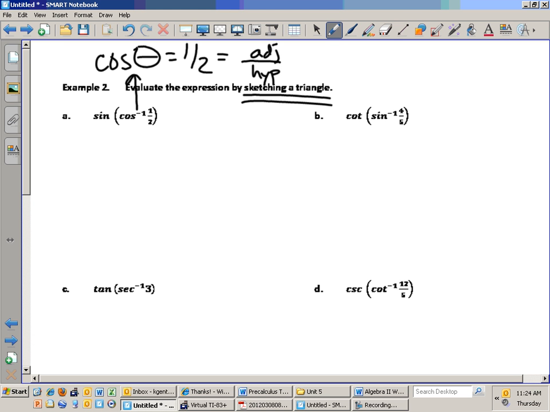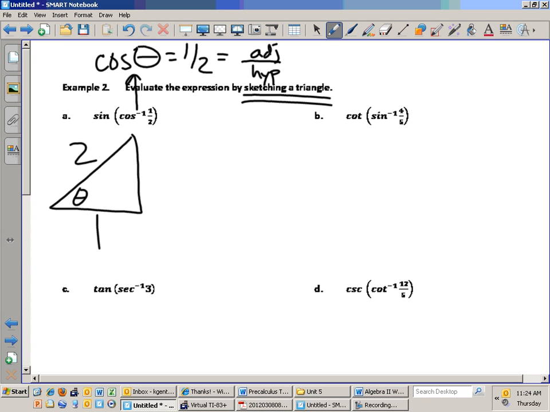We got to remember that. So I draw my triangle, and I'm just going to put an angle wherever I want. That's the angle I'm referring to in the problem. What is the length of the adjacent side? 1. What's the length of the hypotenuse? 2. How do I come up with the length of the opposite side then?